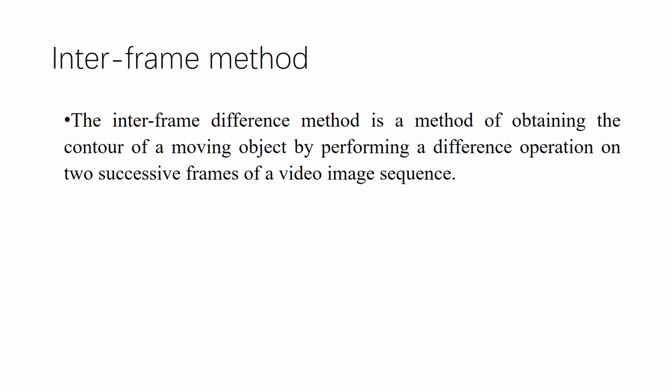This is the basic method to do moving object detection. It is very simple and very quick, but it can just obtain the contour of the object, so I don't want to use it in my project.